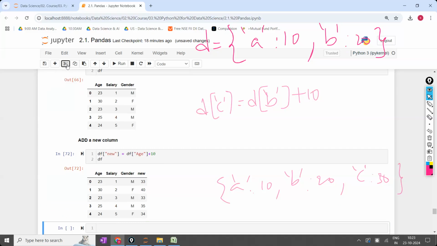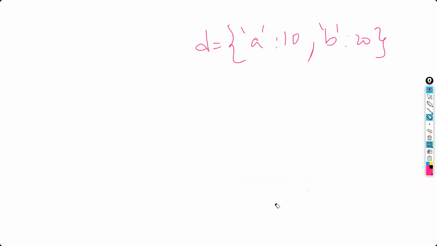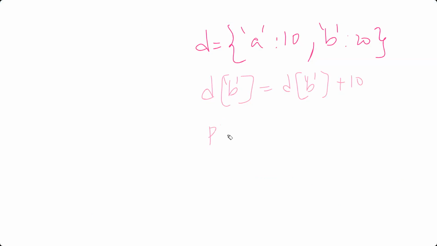Is the point clear? Now tell me guys, the same example one more time. Let me cross check how many of you will give the correct answer. D of B is equal to D of B plus 10, and print D. What is the output of this?